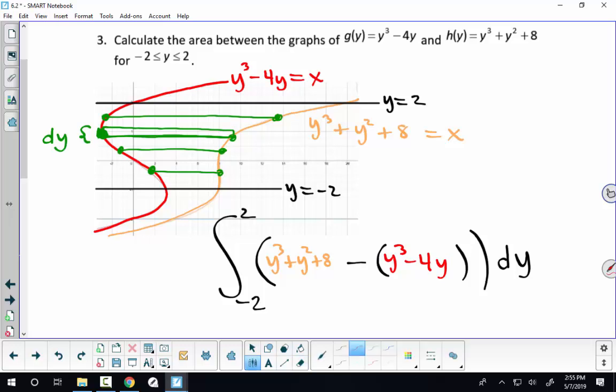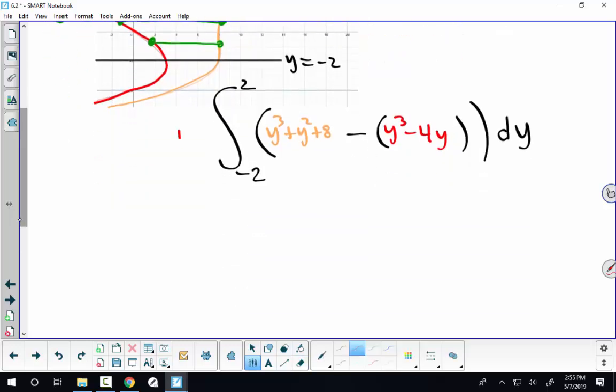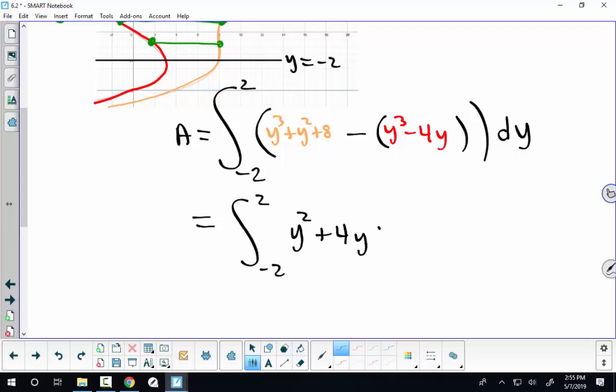But here, the area defined this way, we can collect our like terms and integrate powers. So I have y cubed minus y cubed, that's gone. Y squared stays. Positive 4y stays. And positive 8 stays.